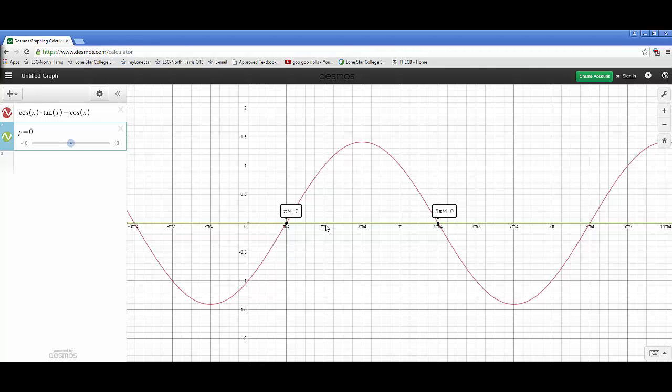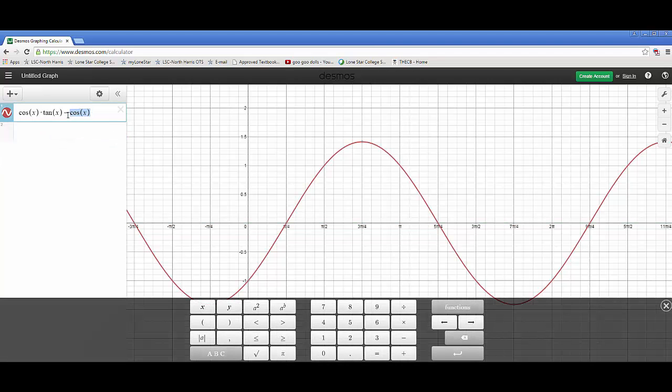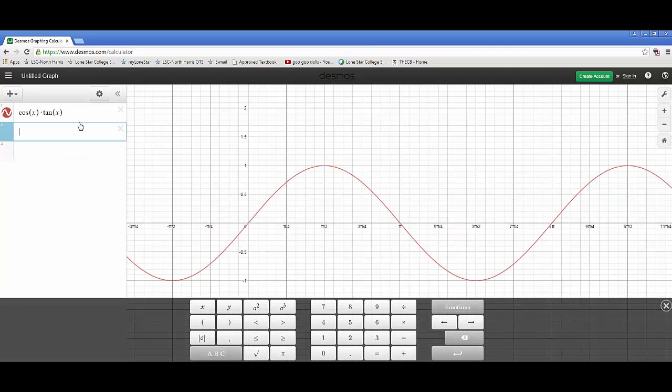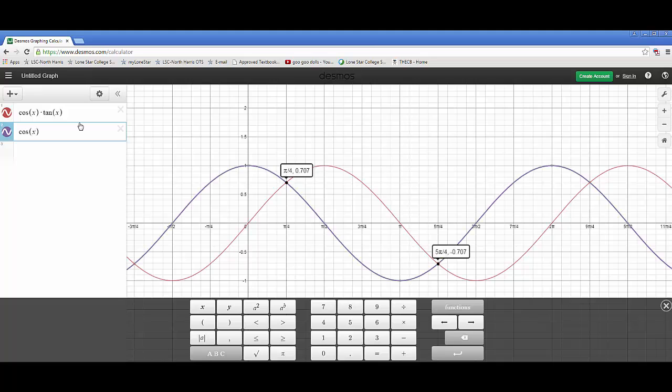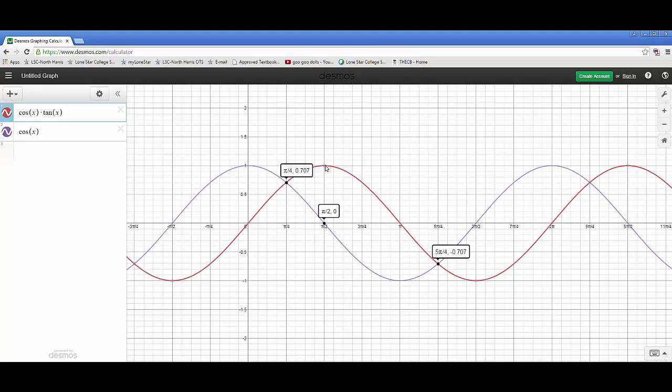Now if I go back to the graph, I'm just going to go back to the original, just so that we can see it the way that I had it in there. At pi over 2, the cosine's defined. Up here though, even though we have a mark here, even though it's saying that it's defined, it really isn't, because tangent is sine over cosine.